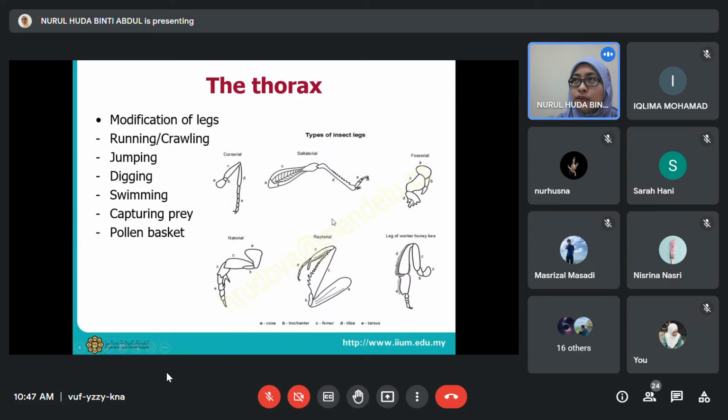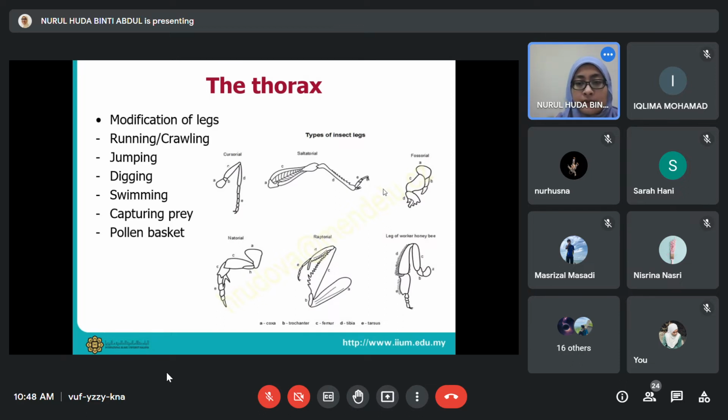Nama Melayu mentadak, I think, yes, mentadak kot. So the front legs are modified into raptorial legs to capture prey. You can see this insect, the praying mantis, hold its own prey when it wants to eat. So they have hands, or legs, for capturing prey.